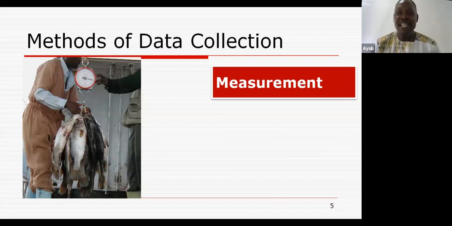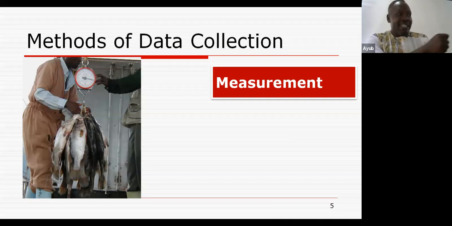So measurement involves establishing weights, sizes, areas. For example, they wanted to establish the weight of fish, so they use the weighing scale. You might want to establish the area of the garden. That is measurement.